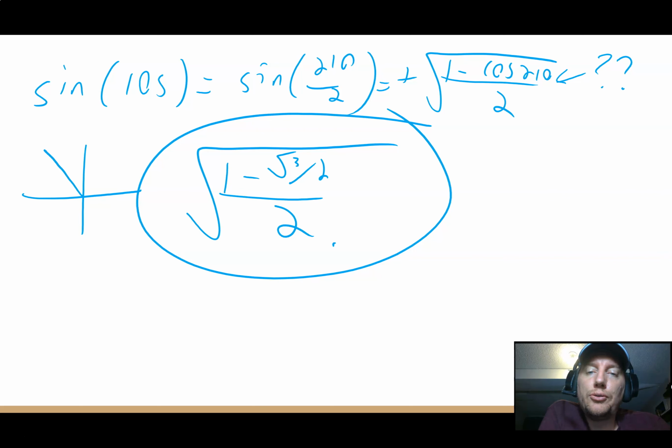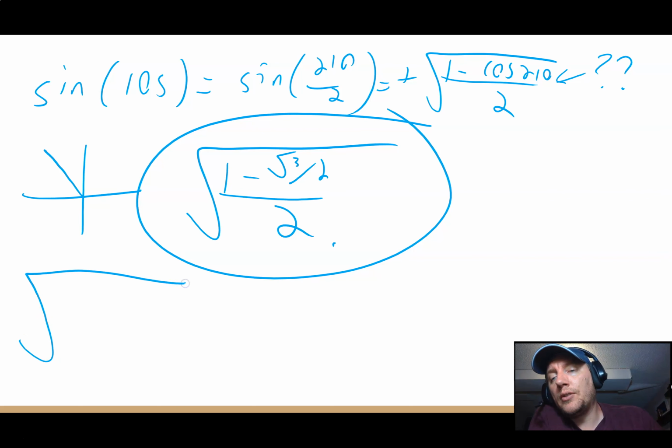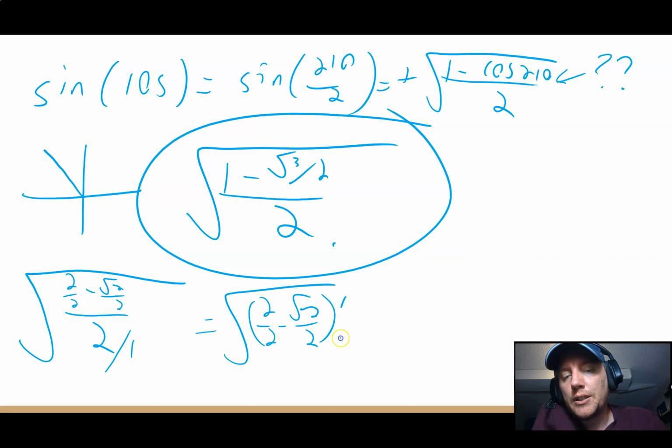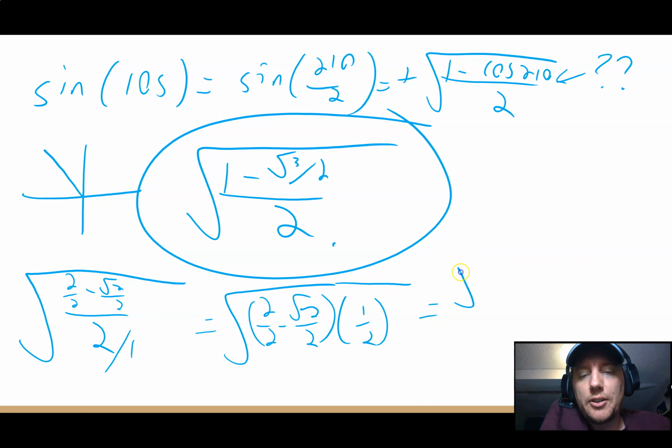You could do some simplifying if we want. Let's see. I could write 2 over 2 over 2, which is going to, let's see, if I write over 1, copy dot flop, I get 2 over 2 minus square root of 2 over 2 times 1/2, which means the bottom is going to turn into a 4.